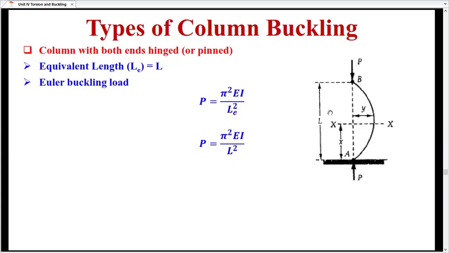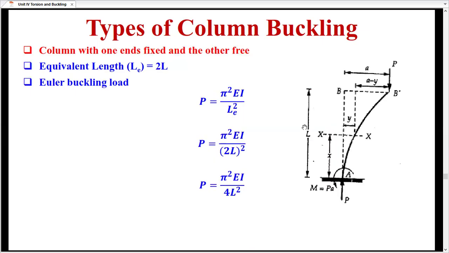At that time, equivalent length is equal to L, that is LE equals L. So this is the Euler buckling load, pi square EI upon L square. This is the first case, where the column has both ends hinged or pinned, and the equivalent length equals the actual length L.